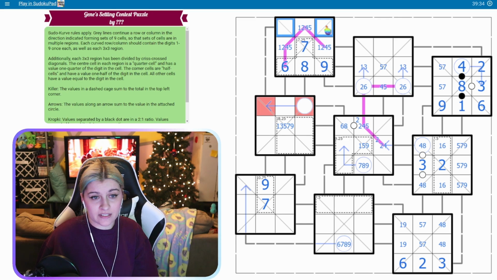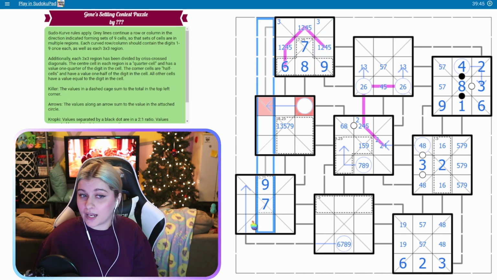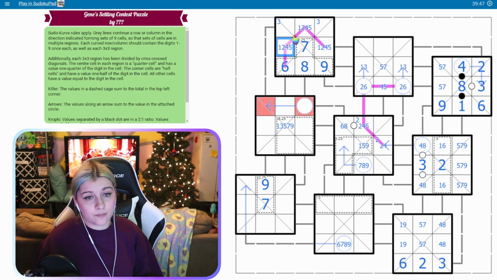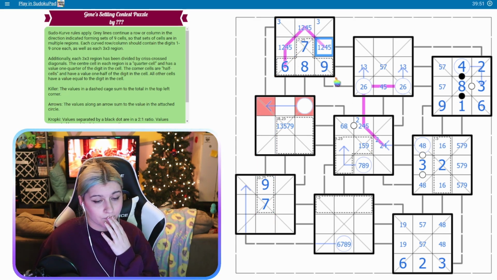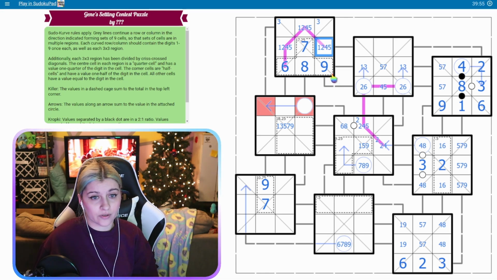Okay, so this is definitely a 3, and then whatever else doesn't go on here. So what can I do with one of these being a 3? Nothing. Numbers that I'm definitely using are a 2 and a 4, and then either a 1 or a 5.